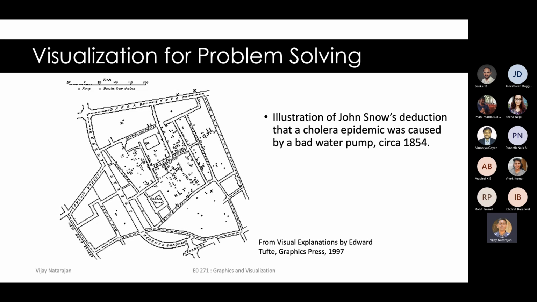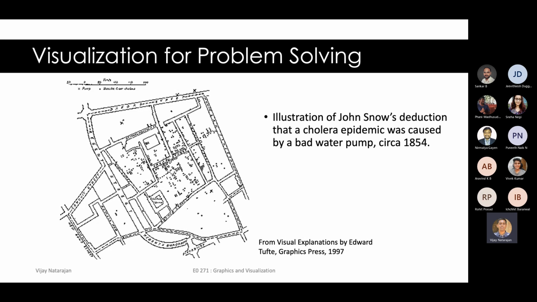So what did he do? All he did was he took a map of London, a street map. We'll see a zoom in version soon. And this street map has all the streets named and so on, right? And it also had a few important things mapped. For example, the water pumps along the different streets, right?